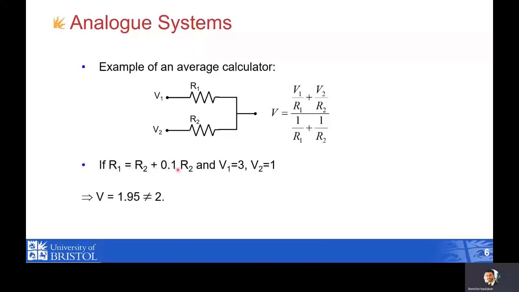Now, if you apply, as an example, voltage 1 equal to 3 and voltage 2 equal to 1, the result will not be an average. It will be something close to it, but not exactly the same. So apart from the function, the functionality, the values of the components in the system play a role in the final result. That is a characteristic of analog systems.